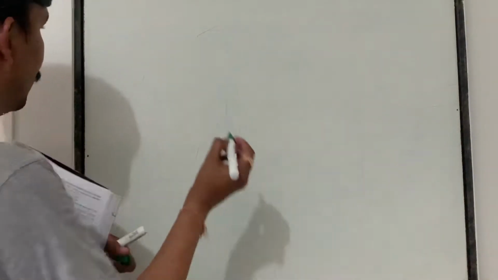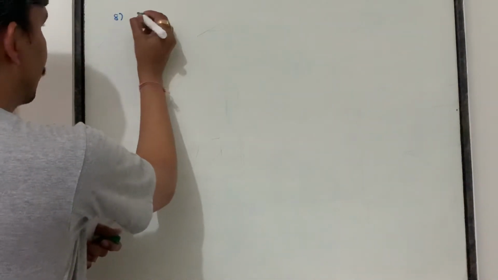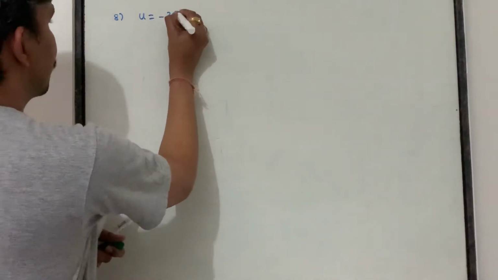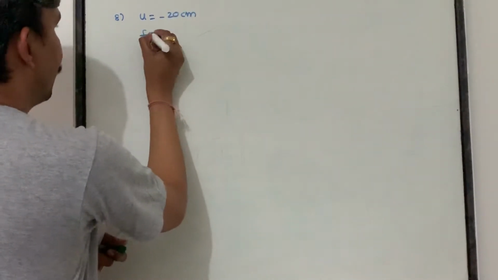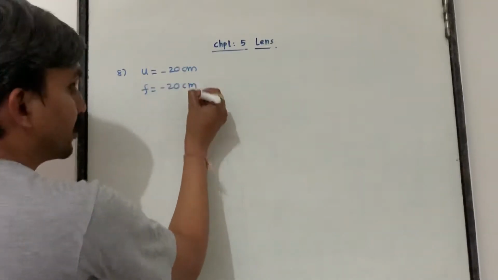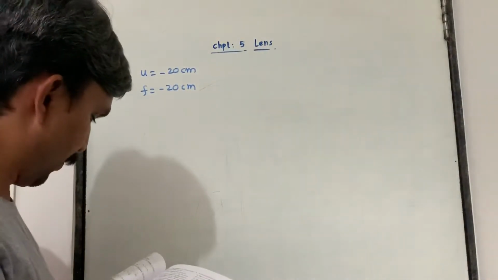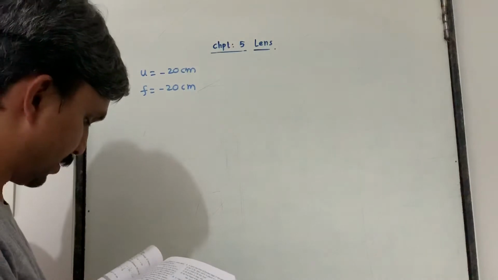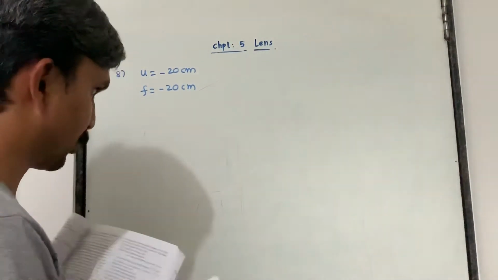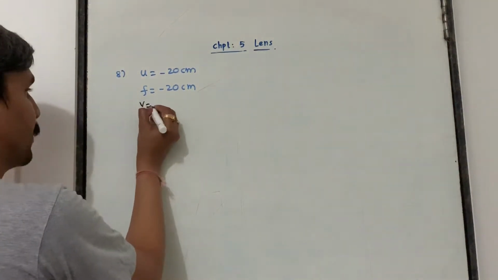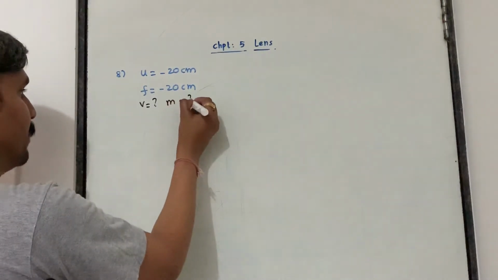So 8th, u is equal to minus 20 centimeter, f is also equal to minus 20 centimeter because it is a concave lens, both are negative. What they want here, find the position of image v or magnification, right? V they want and they want m, right?